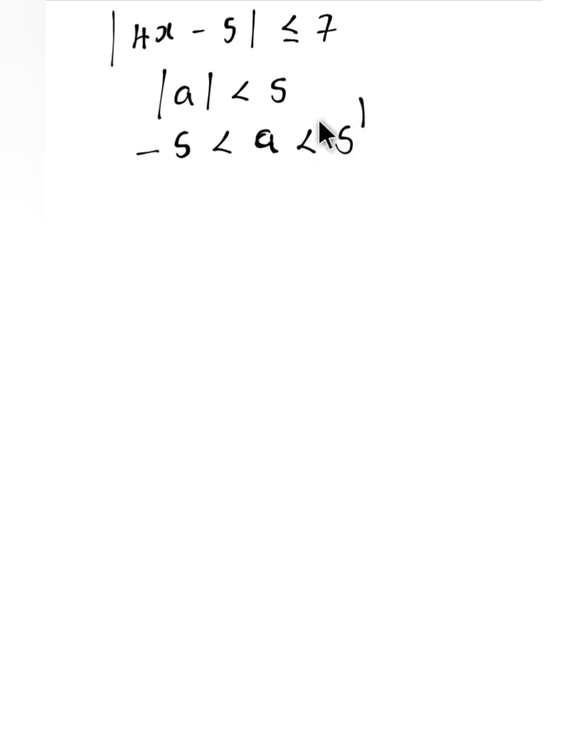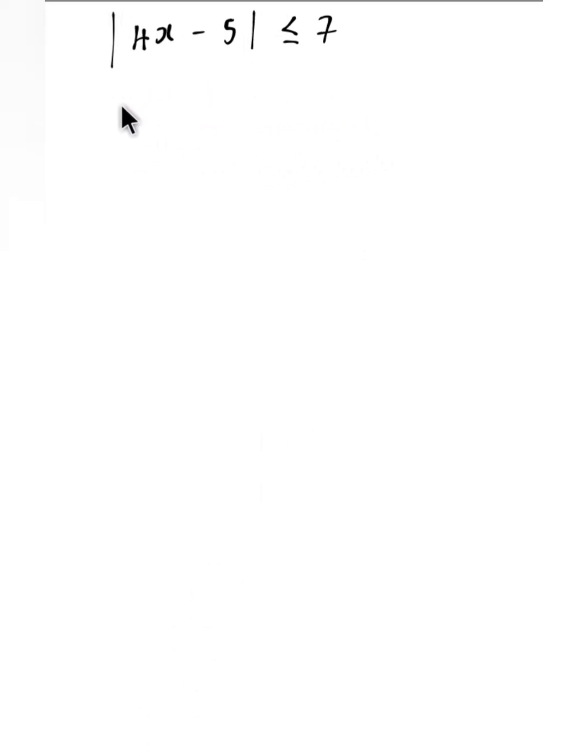So these two expressions are the same. We expand this absolute value to have an expression like this. So if we're going to use this principle to solve this equation, we have that minus 7 is less or equals to 4x minus 5 is less or equals to 7.